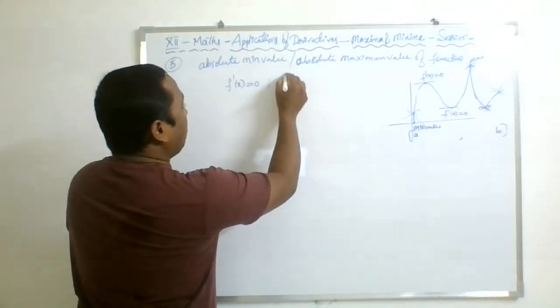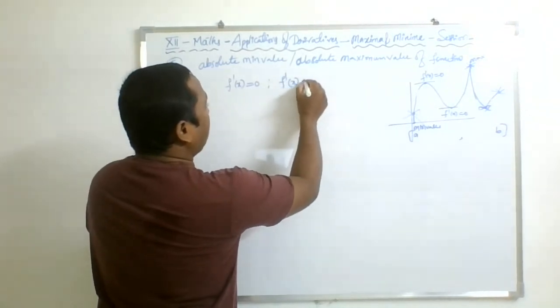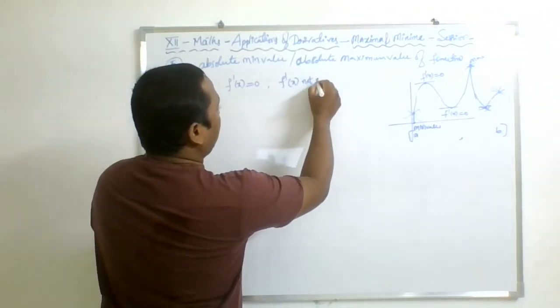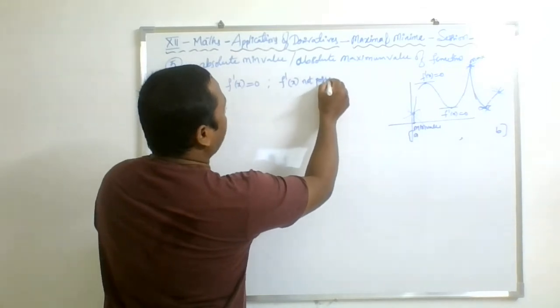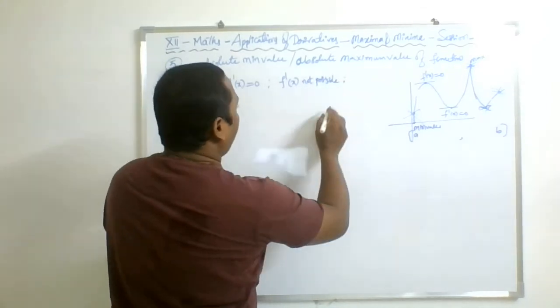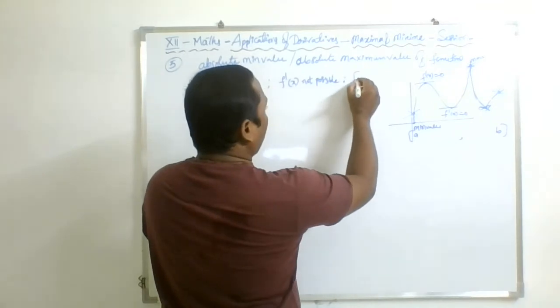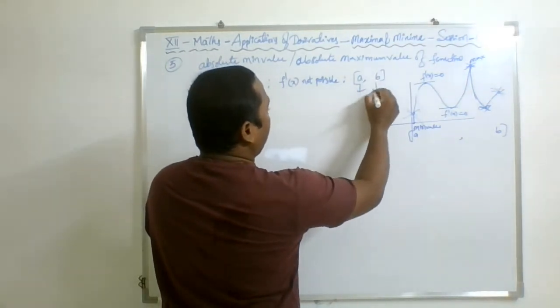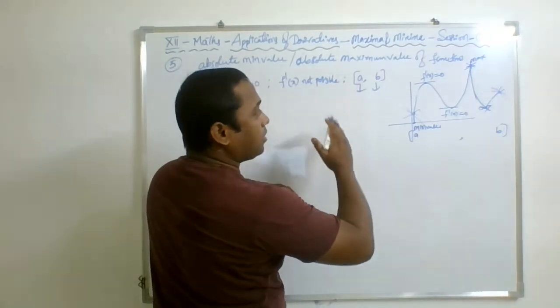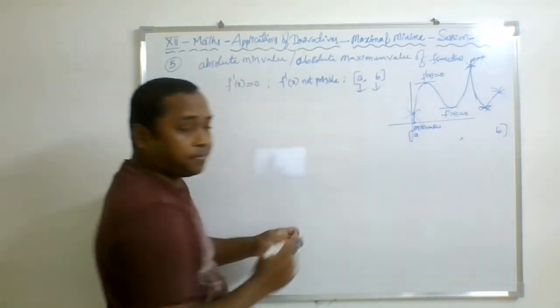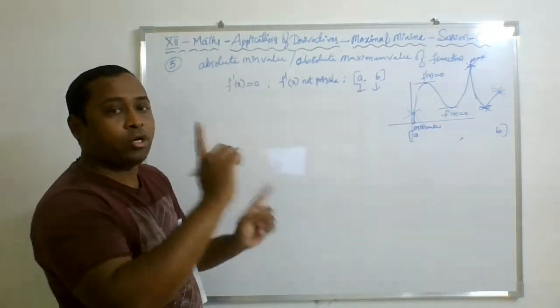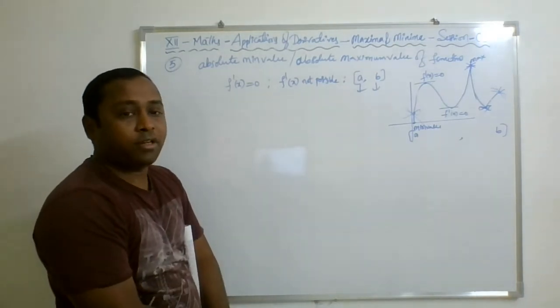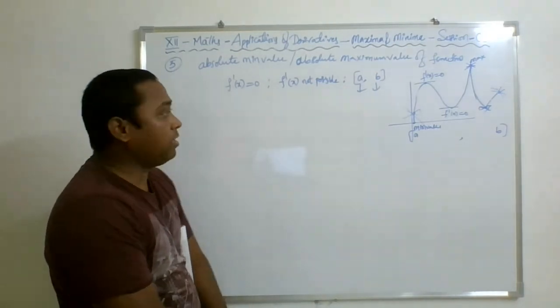first, where the function derivative is 0. Second, where the function derivative is not possible or does not exist, where the closed interval means point A and point B, where the graph starts and where the graph ends, because at the ending point also the function is not differentiable.